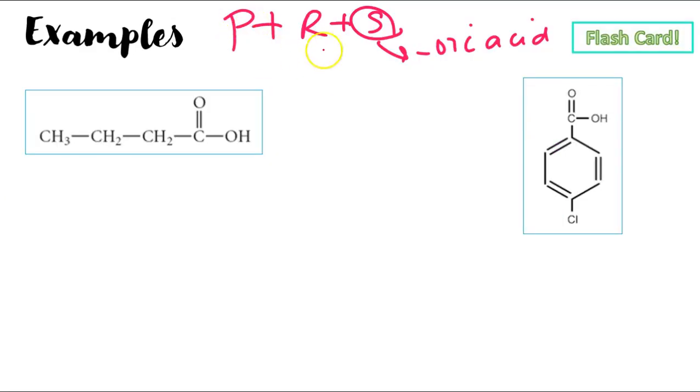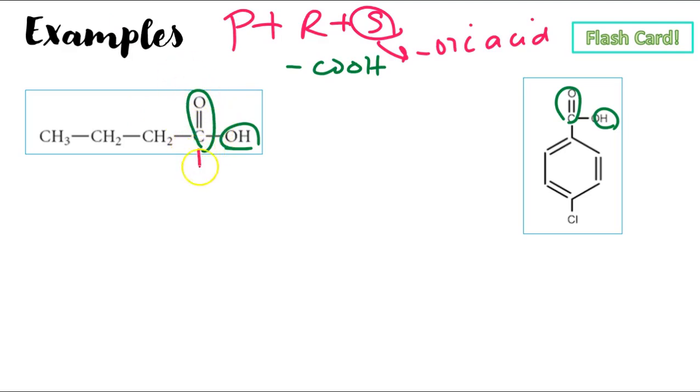Okay, so we start off with the prefix, root, and suffix. We know our suffix is going to be oic acid, okay? So what we want to do is first make sure that we can identify that functional group. I see my carbonyl, so that's good in both of these. And I also see my OH group. So I have my COOH. I'm dealing with the carboxylic acid. Now you want to make sure that you can name the longest parent chain. Start with the carbon that already has the carboxylic acid or the carbonyl group on it. So here's our carbonyl group.